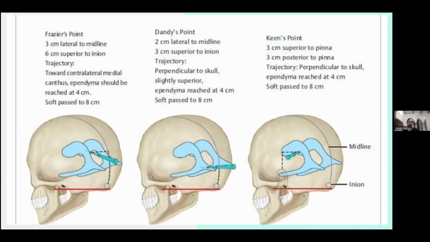And finally, Keen's point. Right, so Keen's point is a lateral entry site that provides access to the atrium or trigone of the lateral ventricle. It is located approximately 2.5 to 3 centimeters superior and posterior to the external auditory meatus, placing it in the posterior temporal or inferior parietal region.